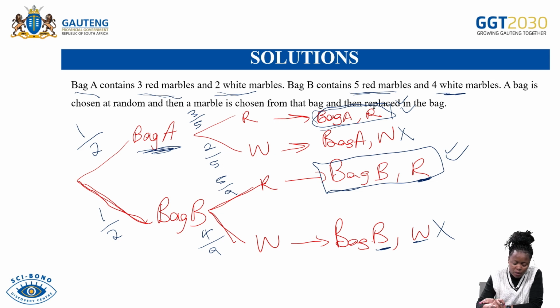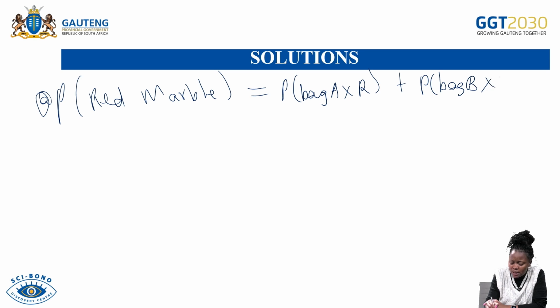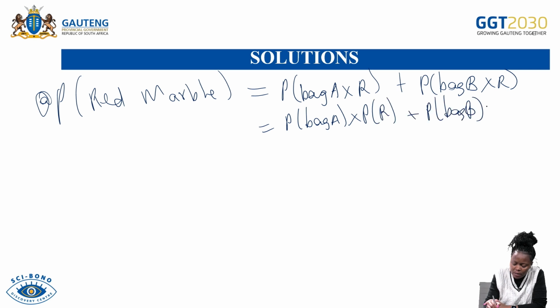So it's going to be the probability of getting bag A and the red marble plus bag B and the red marble. So the probability of getting bag A times the probability of getting the red marble, plus the probability of getting bag B times the probability of getting a red marble.